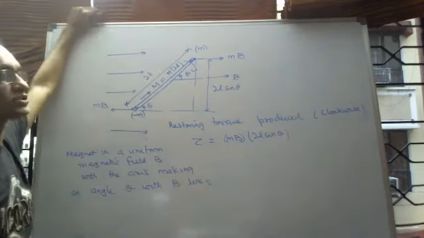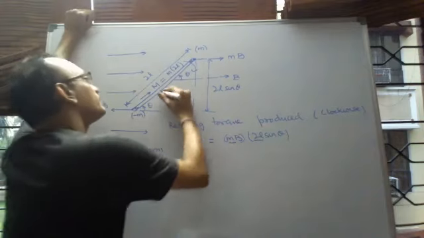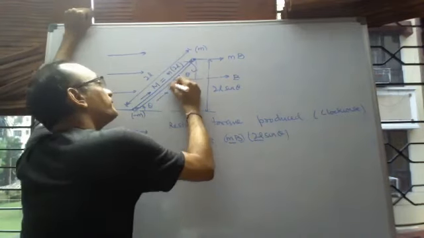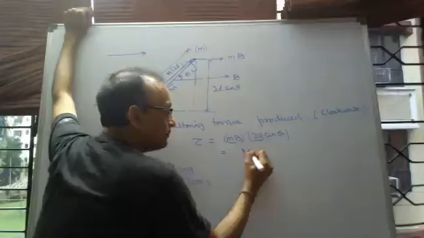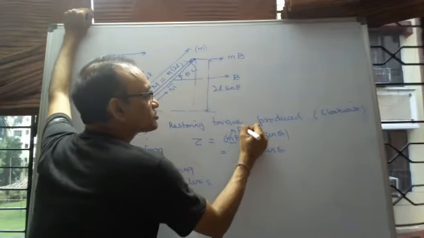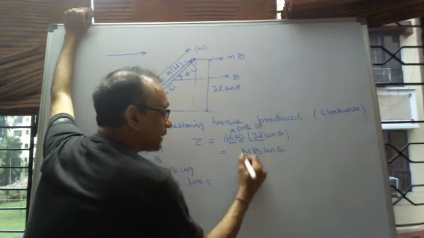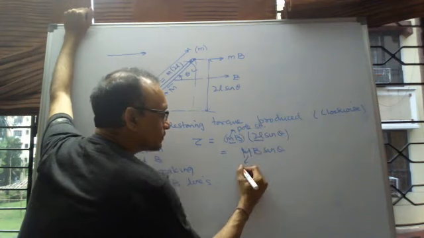Right? M is the pole strength. But M into 2L, what will it become? The magnetic moment vector. So MB sin theta, where this small m is the pole strength, but this capital M is the magnetic moment.